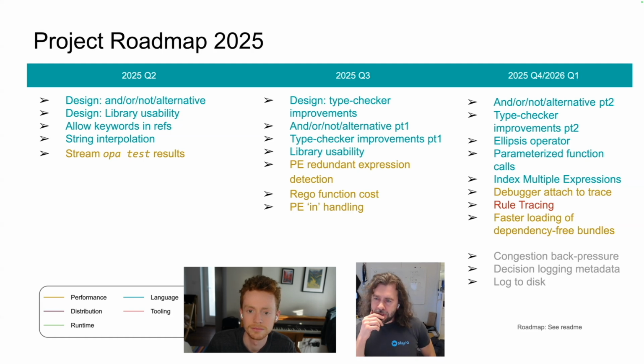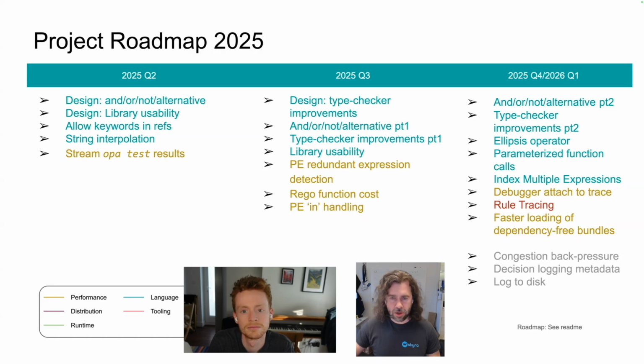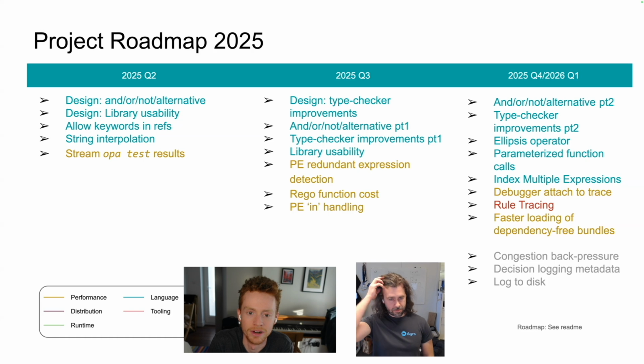We have a couple of performance improvements and some updates to the tooling, but what we want to focus on today is primarily the changes to the Rego language, which is probably going to be the thing that you listeners are more interested in, I think. Yeah, certainly. Language always gets people talking, and it's also a great opportunity to make OPA and Rego more usable too. So let's jump right in.